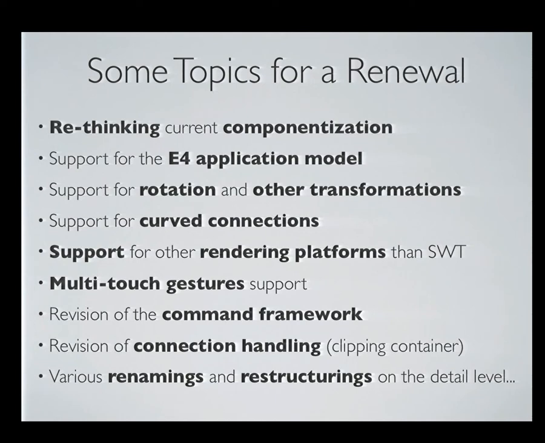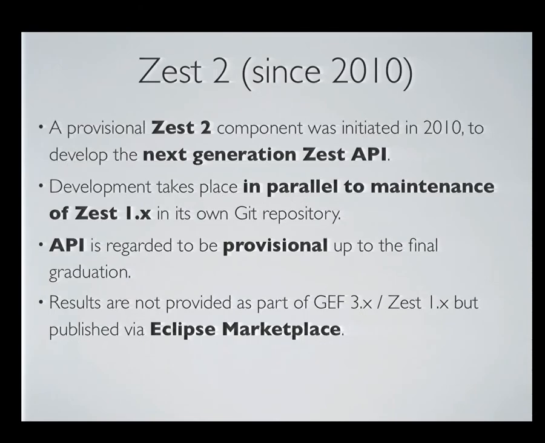Then things like multi-touch gestures is something that cannot be supported with the current API restrictions. And there are some things in the internals of GEF which could be reworked as well, besides various restructurings at a detail level that we can think of.